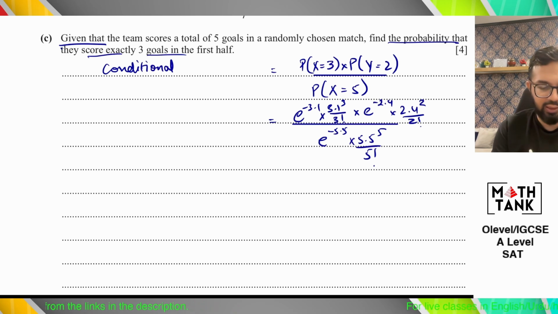Let's put everything on the calculator. It's going to be a tough calculation, so do it peacefully, don't rush through it.